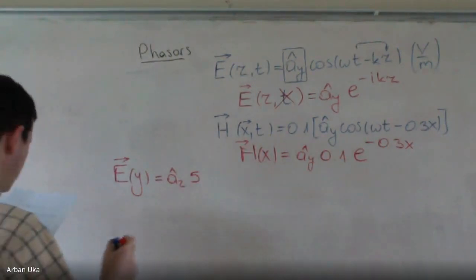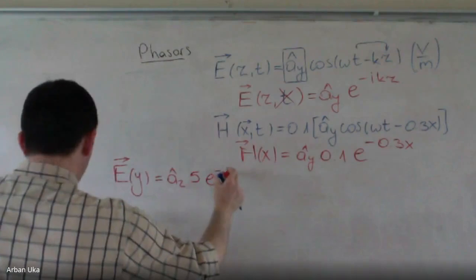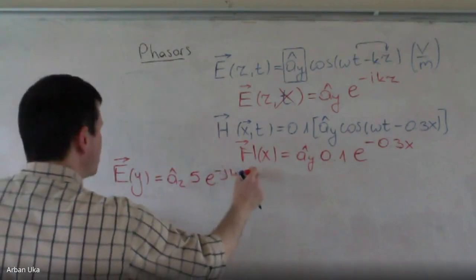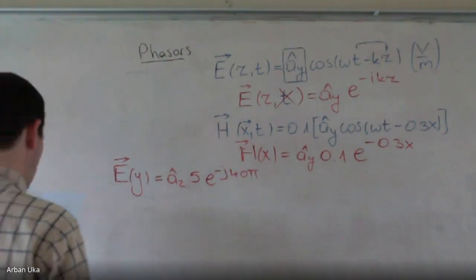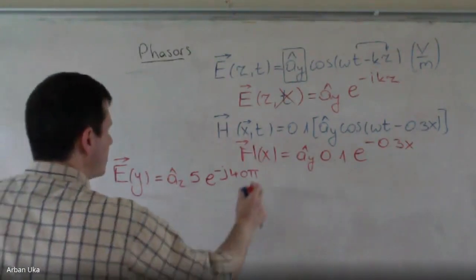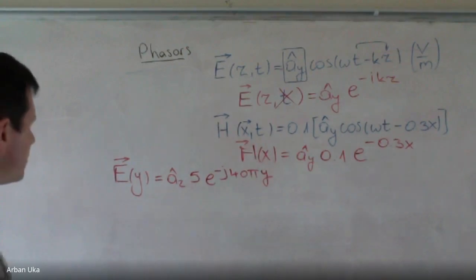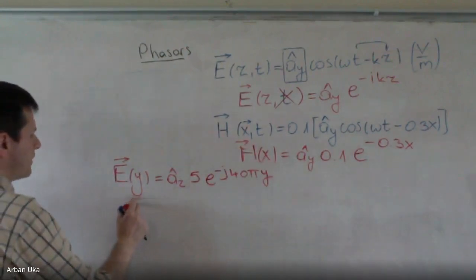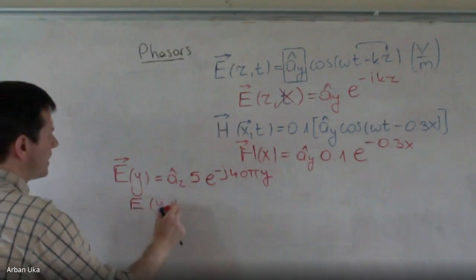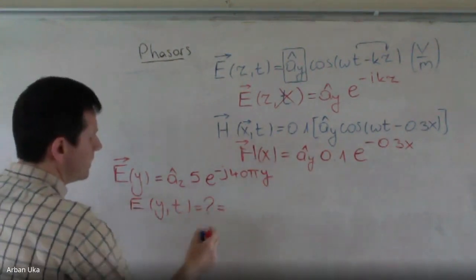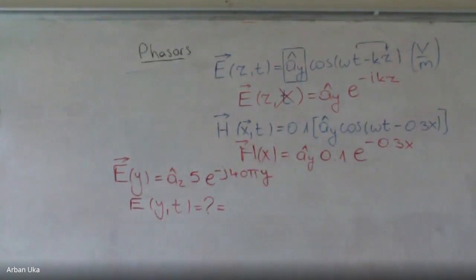Here we have 5 e to the power minus j 40 pi times y. So this is the phasor notation, and given this phasor notation, we need to find the real-time dependency. What is E as a function of y and time, given the phasor notation?